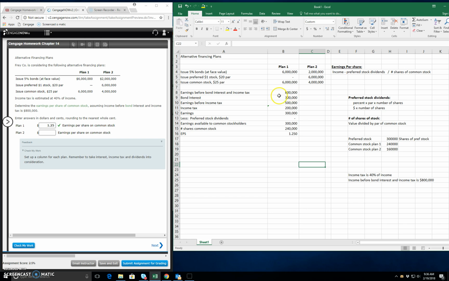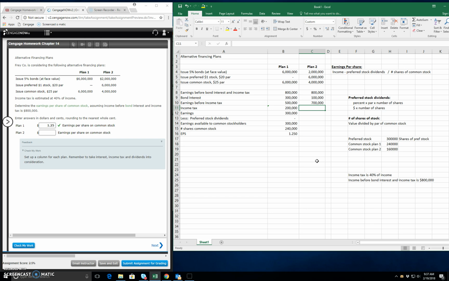All right, let's do Plan 2. Earnings before interest and income tax is still 800,000. Bond interest this time will be the 2 million times 5%. So therefore, earnings just before income tax will be the 800 minus the bond interest.